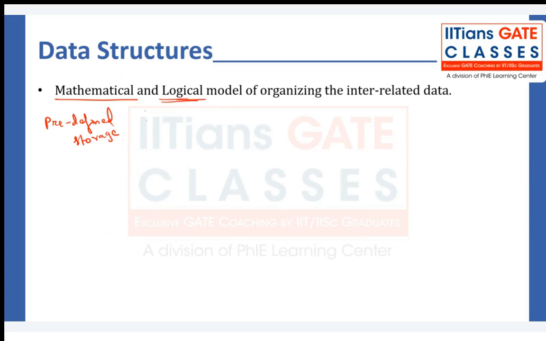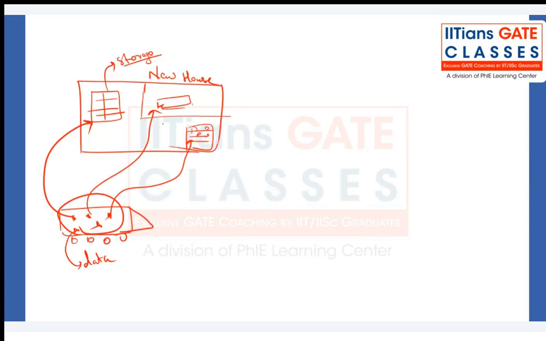Now, what does logical mean here? You have your data organized in your house, but you don't just keep it there, right? You take out your clothes and wear them. You show off your expensive shoes to your friends. So basically, you are taking your data and performing some sort of operations or manipulation on it.